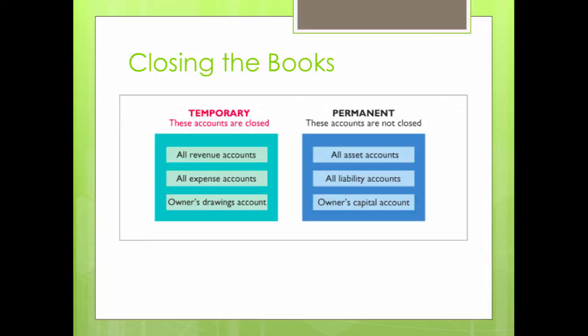Permanent accounts consist of all the balance sheet accounts, including the owner's capital account. So, in other words, we don't have to close the asset accounts, the liability accounts, or the owner's capital account.